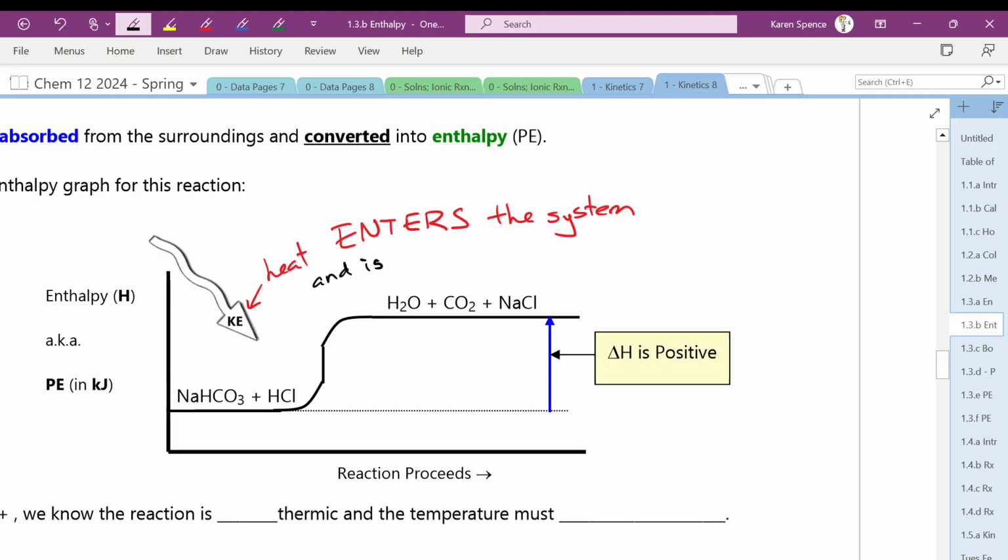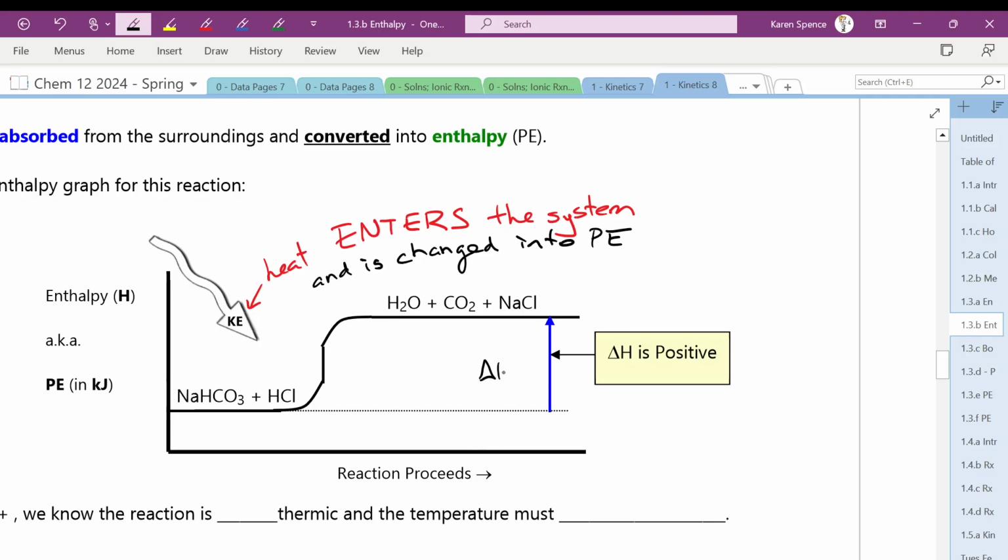And what happens to it when it goes in? It is changed into what? Potential energy. And therefore, our potential energy increases.